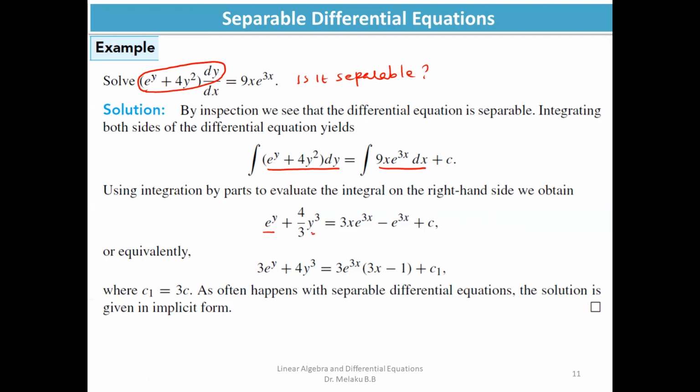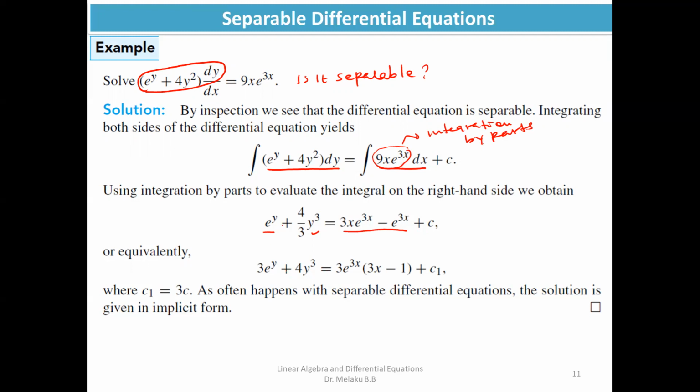The integration of 9x times e to the power of 3x needs integration by parts, because it is a combination of an exponential and a power function. Therefore, it will be given like this by integration by parts, plus c.